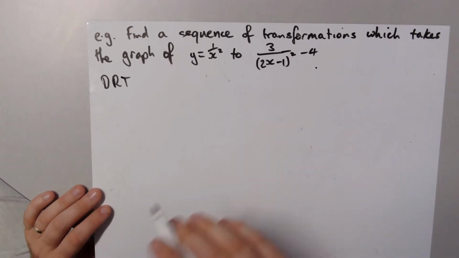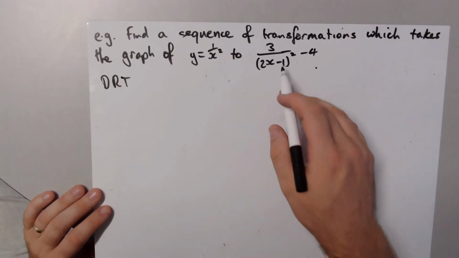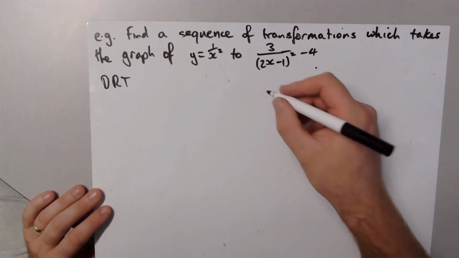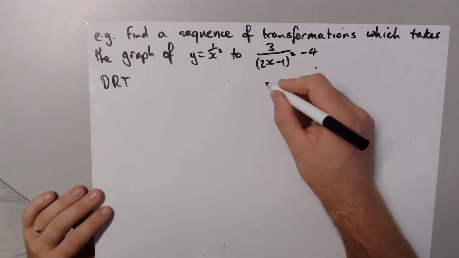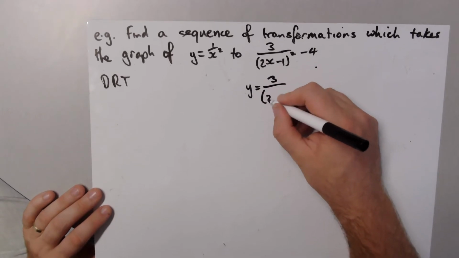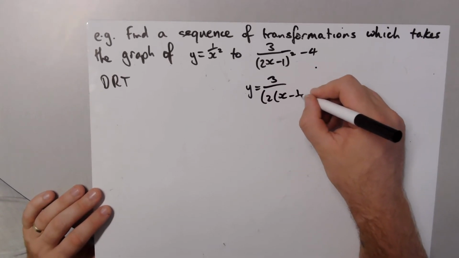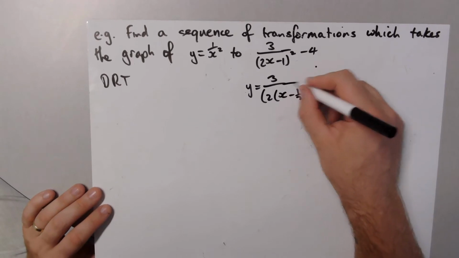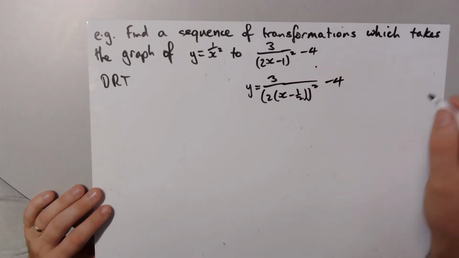When we have a look at this, I'm actually going to factorize what I've got here. So really I've got y equals 3 on 2 outside of (x - a half) squared - 4.